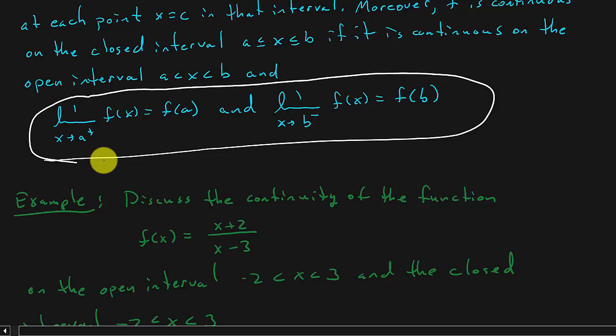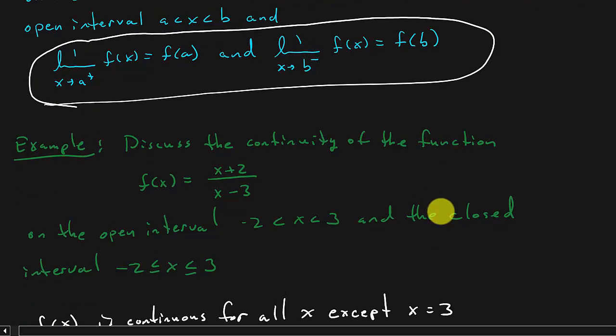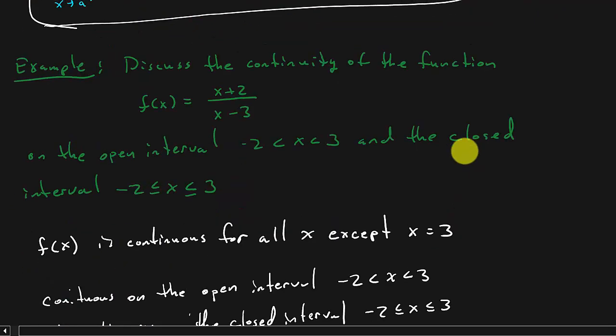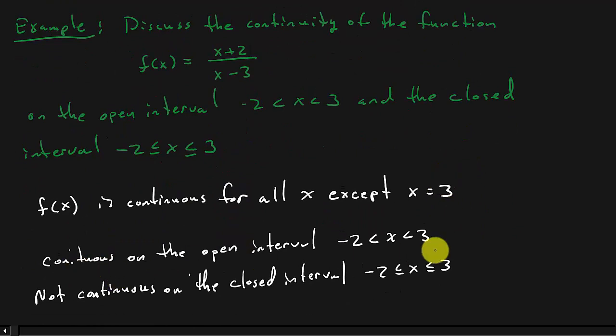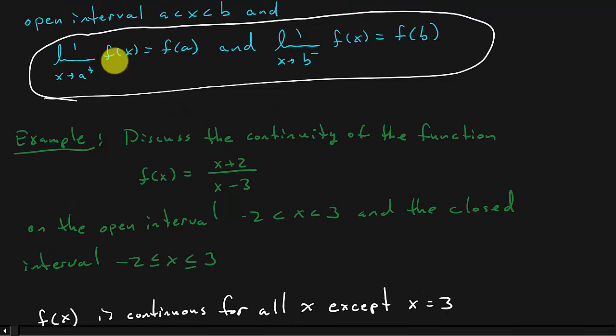So if you look at this, we agree that it's continuous on the open interval -2 to 3, because this function is continuous everywhere except at 3. We know that. But let's see how this relates to the closed interval.